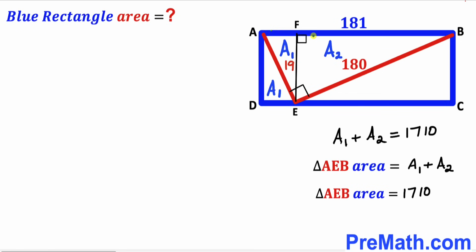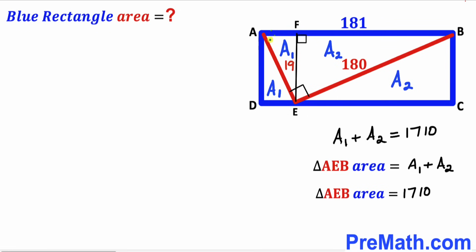Now let's focus on this other rectangle FBCE along with this diagonal BE. The area of this right triangle is equal to the area of this right triangle, and we know the area of this right triangle is A sub 2. So the area of this right triangle is going to be A sub 2 as well.